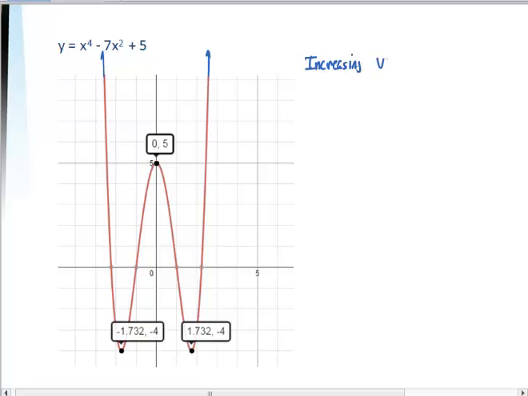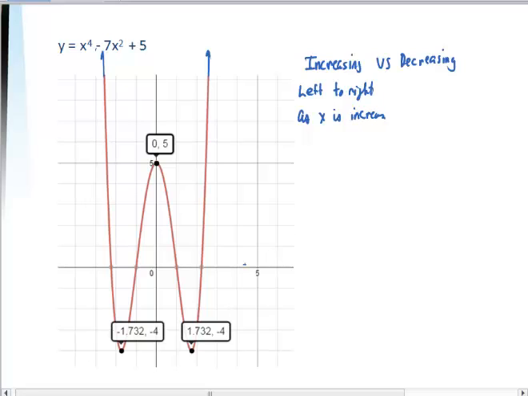So increasing versus decreasing. The concept graphically should be really easy to understand, but you'll be surprised how many people reverse the two, because when they look at a graph and see it going up, they think it's always increasing. But you have to imagine that you are looking at the graph from left to right, or you're examining the graph as x is increasing.